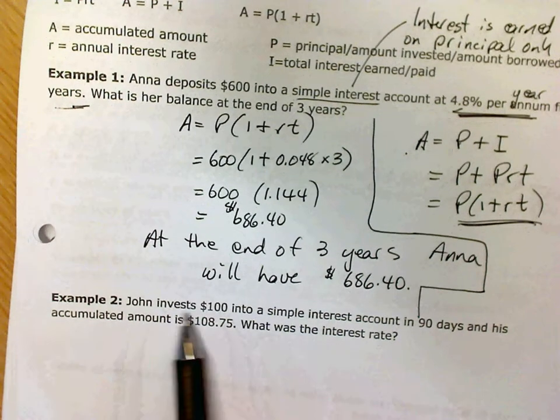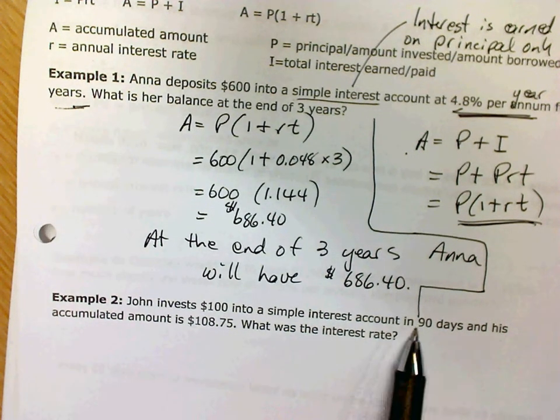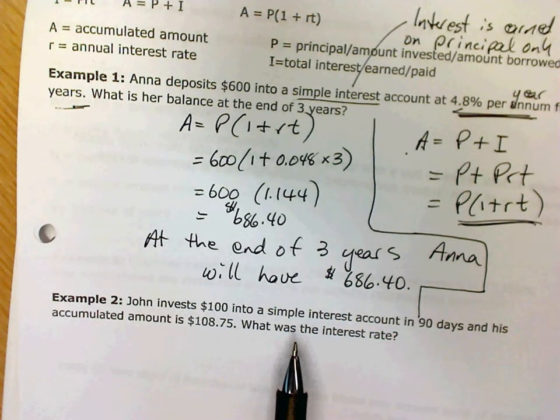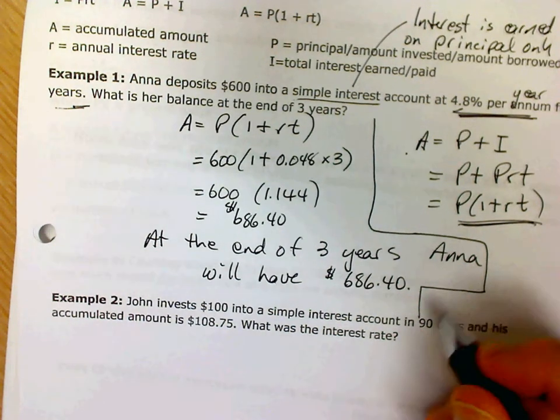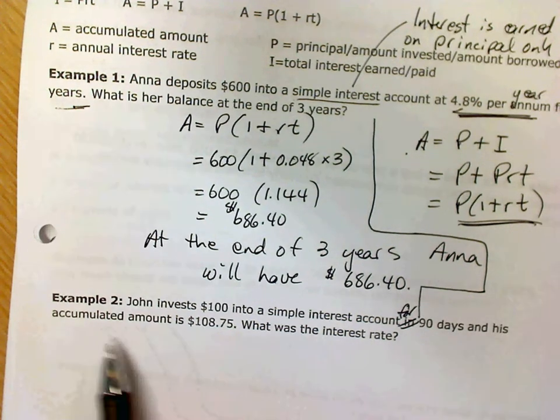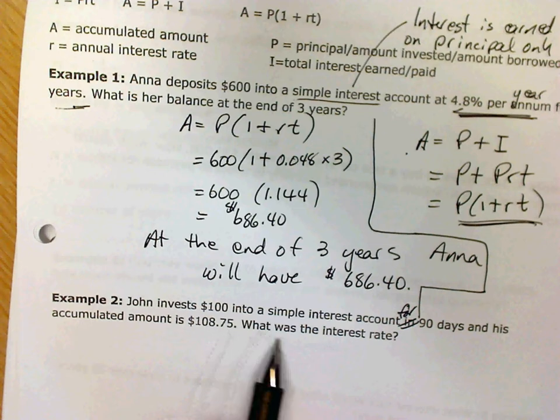John invests $100 into a simple interest account for 90 days. And his accumulated amount is 108.75. What was the interest rate?